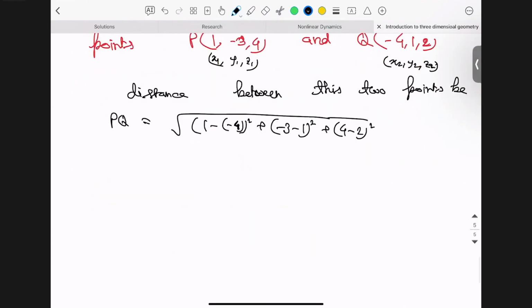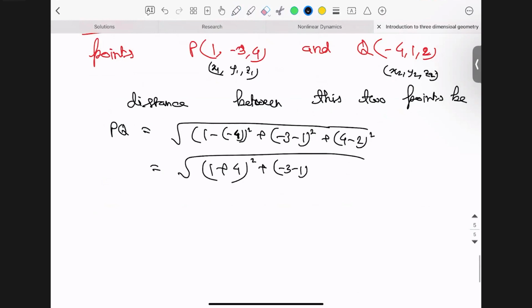Now just do the calculation properly. 1 minus 4 is minus 3, minus 3 minus 1 is minus 4, and 4 minus 2 is 2.